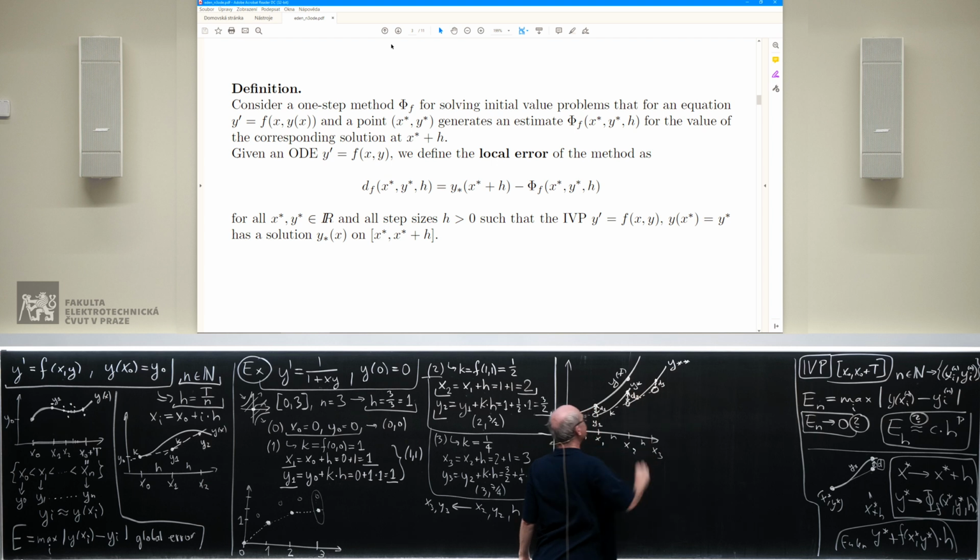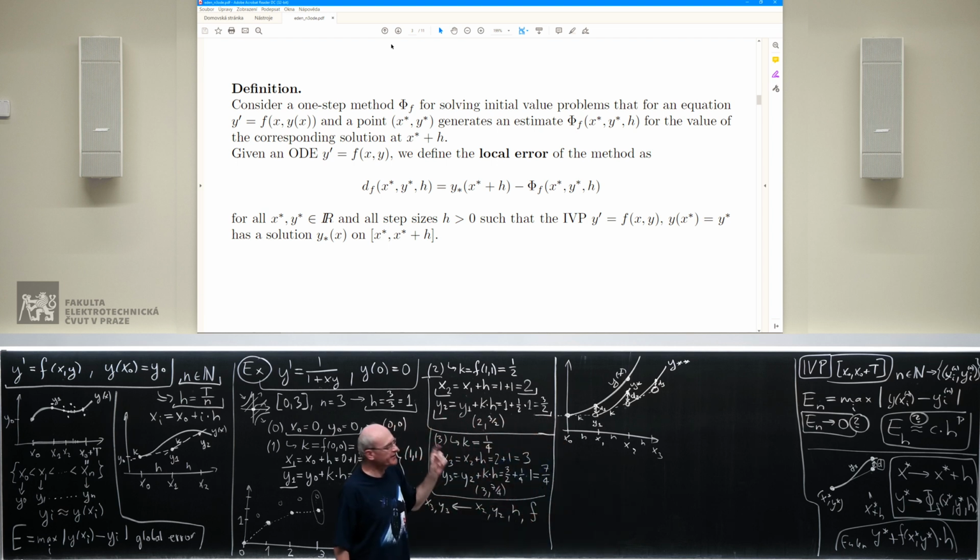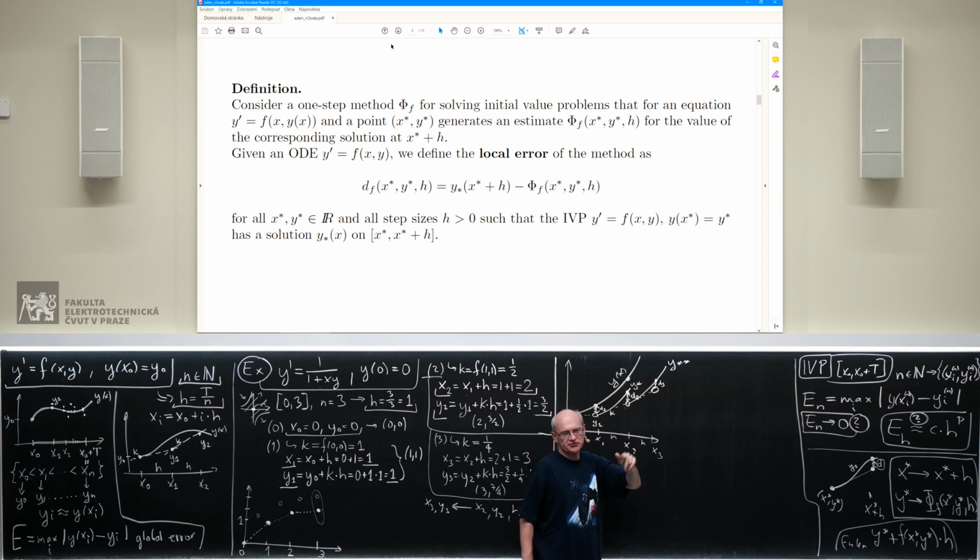Okay, the third one is here. We would like somehow to have information about the actual distances between our approximations and the solution, and the local errors. Is there anything that we can see, any connection? And the picture sends a message.